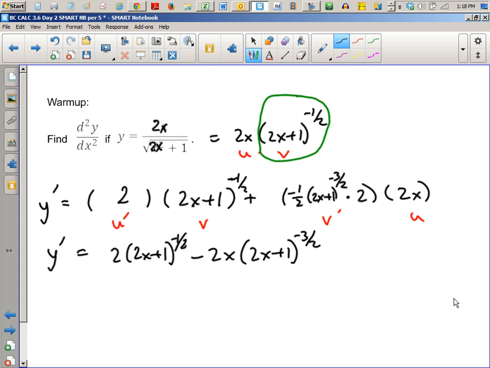So what I would do is pull out the lesser of the two common items. So like, you have a 2x plus 1 that has a negative half power, and there's a 2x plus 1 that has a negative 3 halves power. Pick the one that's lesser, so that would be the negative 3 halves, and factor it out of everything. So watch what happens. I'm going to take out 2x plus 1 to the negative 3 halves.